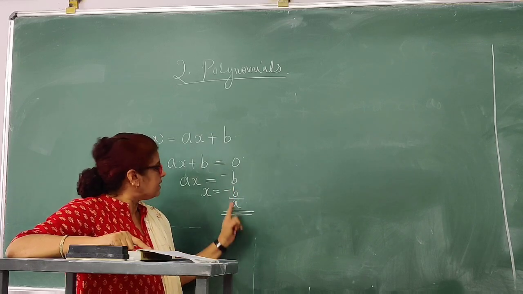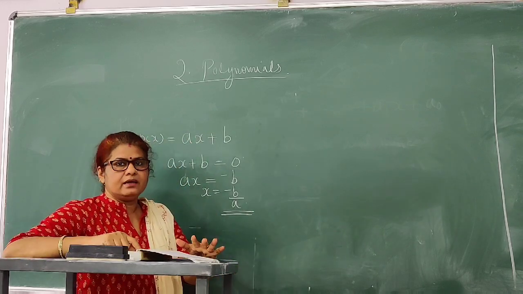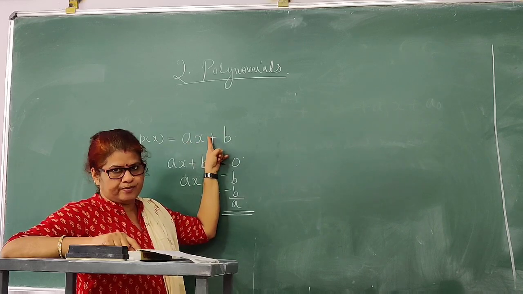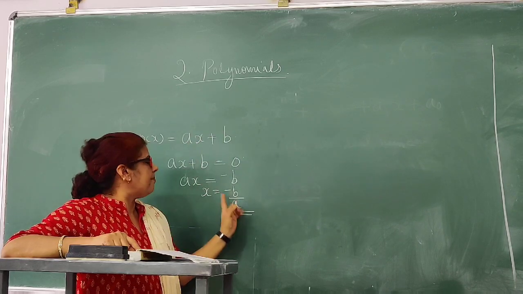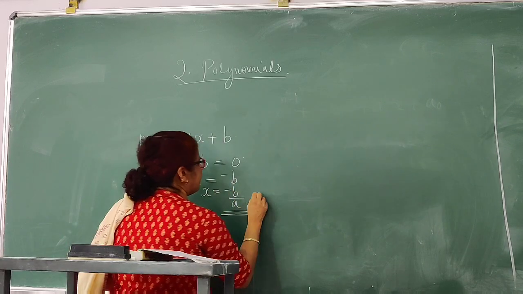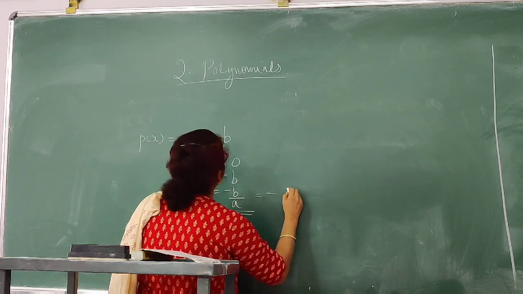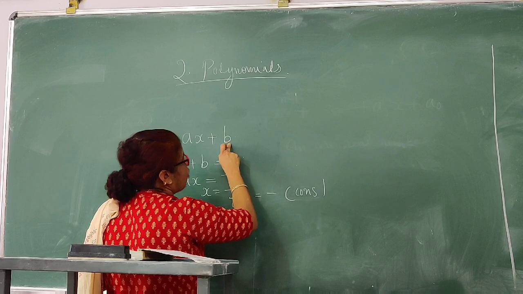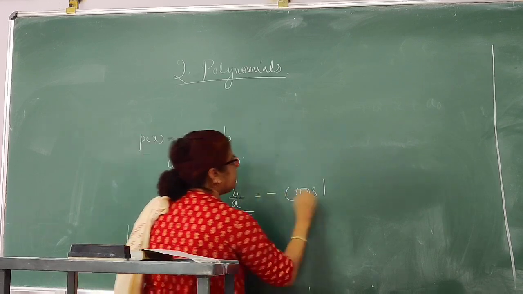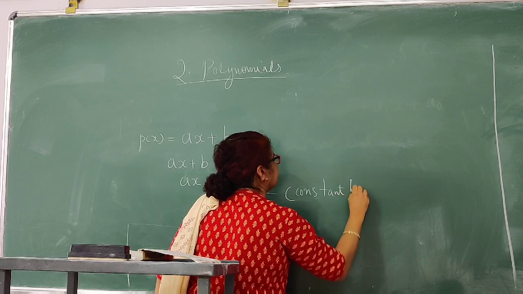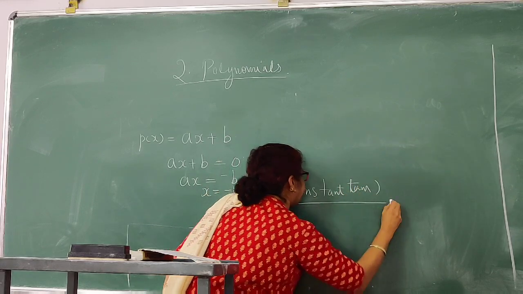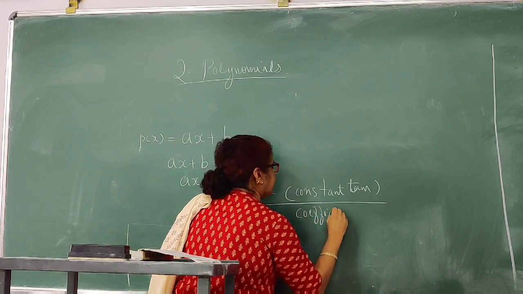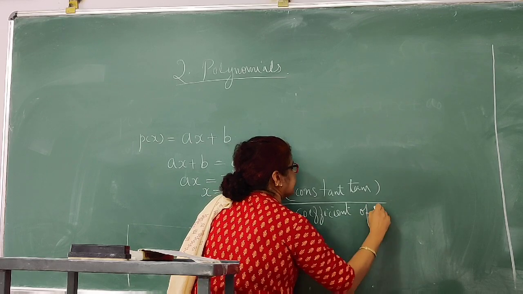Then next is, what is the relationship between this zero and the coefficients of this linear polynomial? That is, minus b by a means the zero is given by minus of the constant term, here b is the constant term, divided by a, which is the coefficient of x.